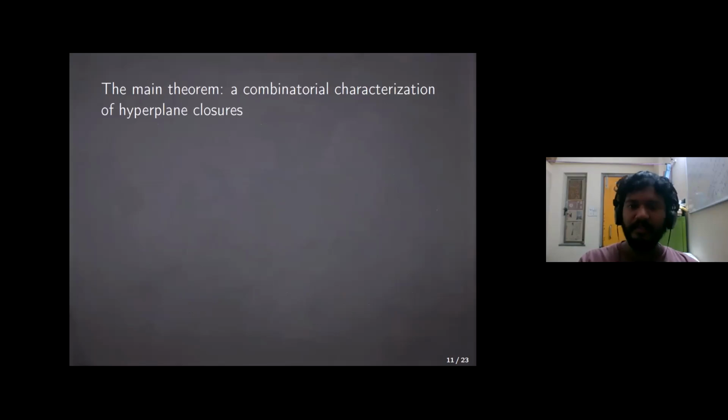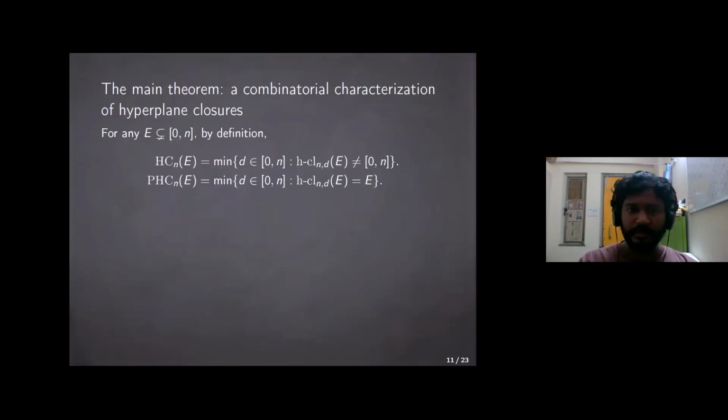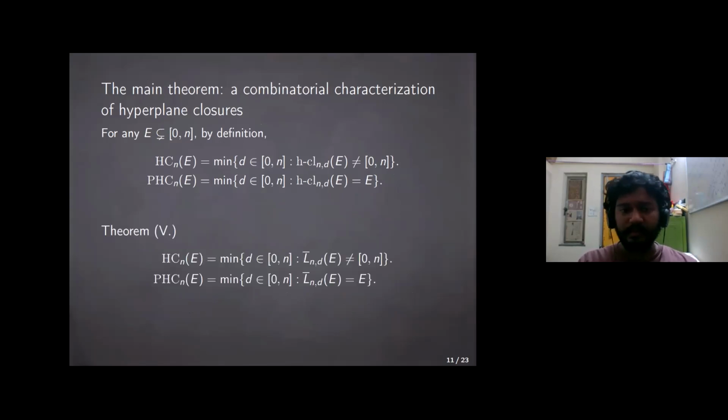So that's our main theorem. It's a combinatorial characterization of the hyperplane closures. So just what we saw in the last slide, the two numbers HCN and PHCN for a subset E are characterized in terms of the hyperplane closures here. The main theorem said that HCN and PHCN can be characterized in terms of the operator L bar.